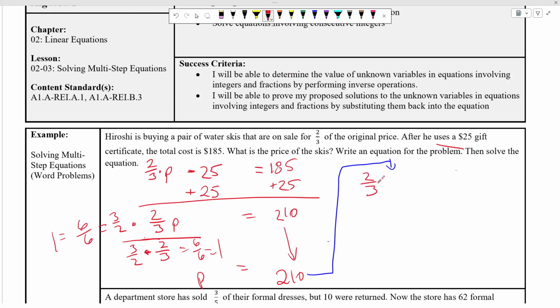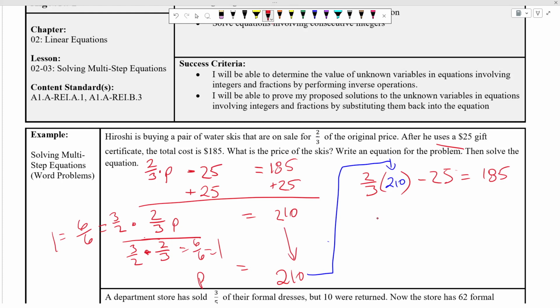So this is the original equation, equals 185. Perfect, that was the original equation. Let's substitute that 210 back in and see if it results in number equals number, a statement of truth. So 2 times 210, that happens to result in, let me think about that for a second.